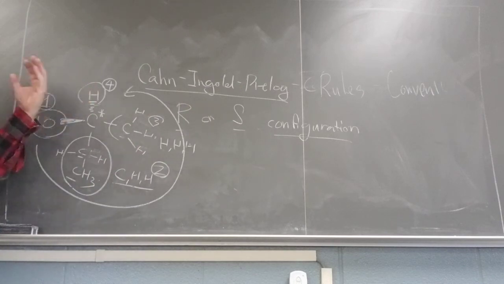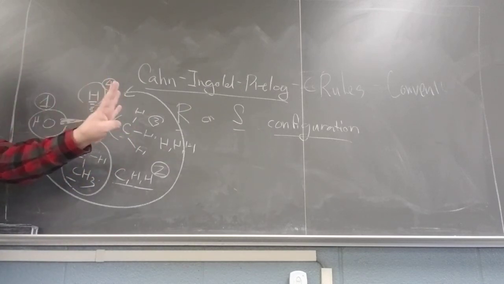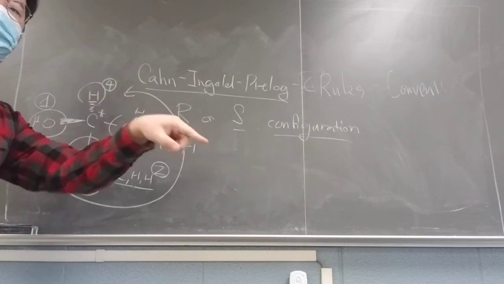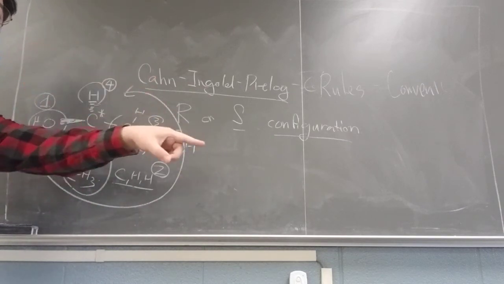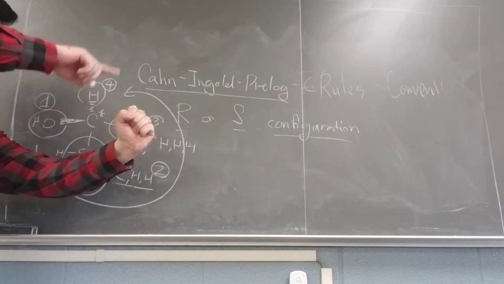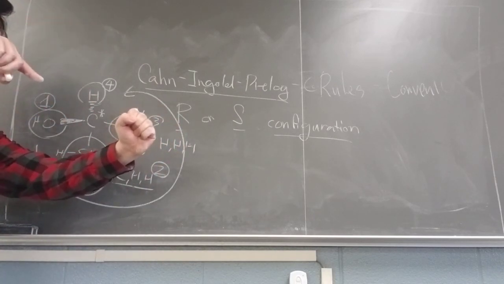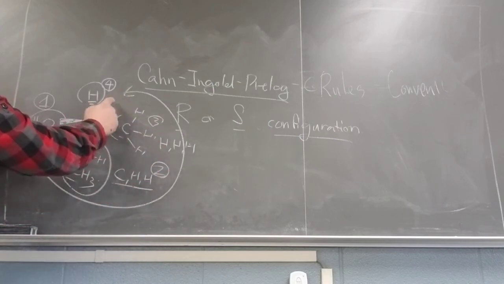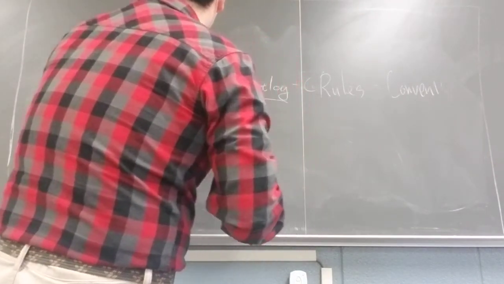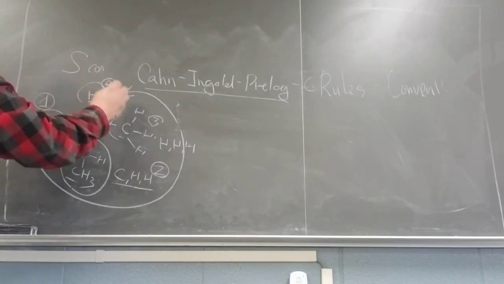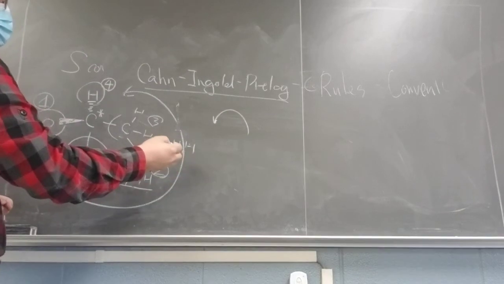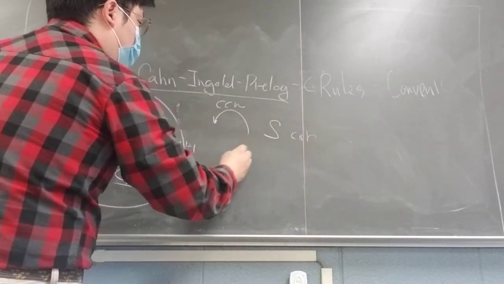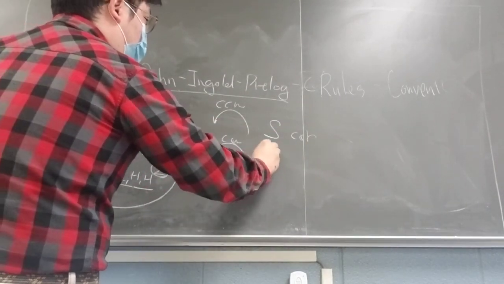Whenever you're prioritizing the four groups, the least prior group, which is either hydrogen or any other group that is the least prior, should be heading back, away from where you're looking. You hold it that way, and then you count 1, 2, 3. In this case, it's going this way, right? This is the S configuration. When it goes counterclockwise, in Cahn-Ingold-Prelog, it's S configuration. If it goes clockwise, it's R configuration.